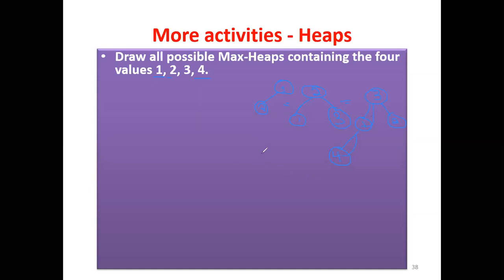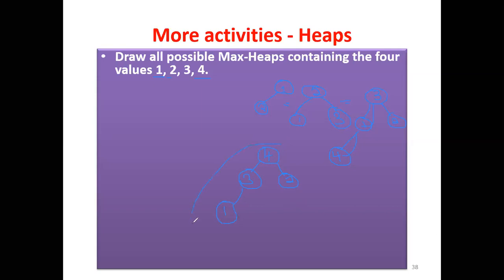So when we perform that operation, we have 4 at the root node, we have 3 at the left child node, we have 2 at this point, and we have 1 at this location.